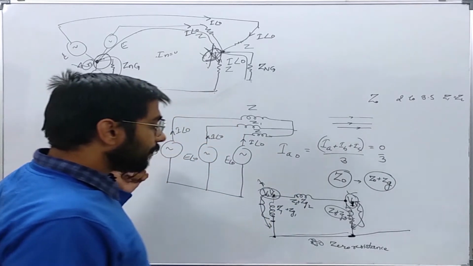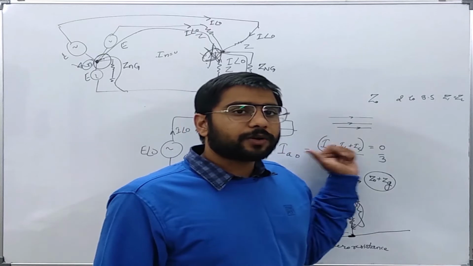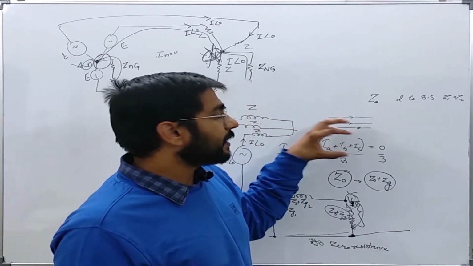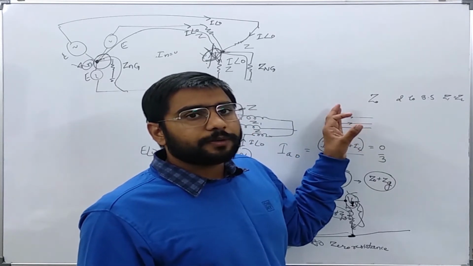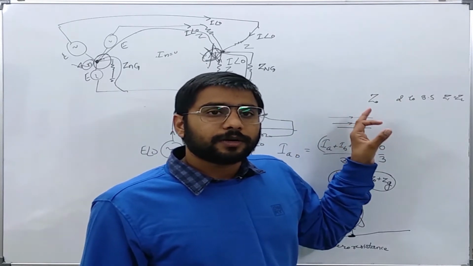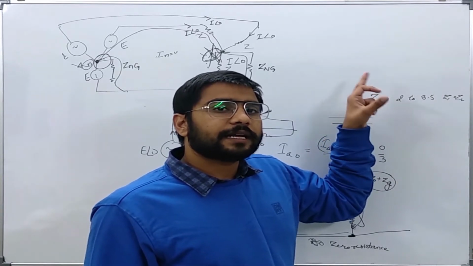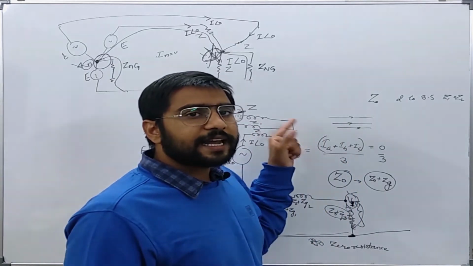Now for example, in the next slide, we will try to show the sequence network for a balanced star connected load and a balanced delta connected load, and the star connected load will have a neutral in one case and in the other case it will not have a neutral. So we will see that in the next slide.